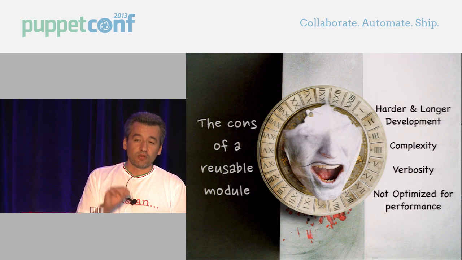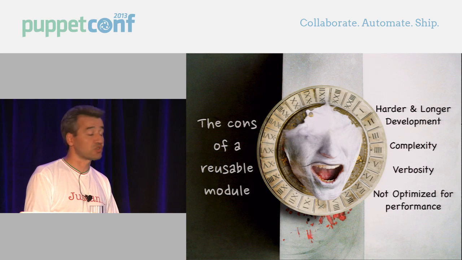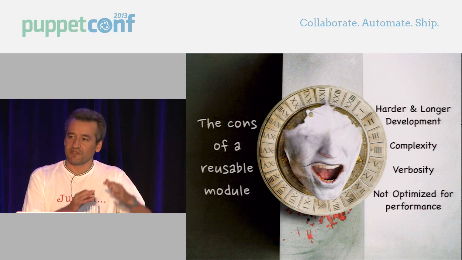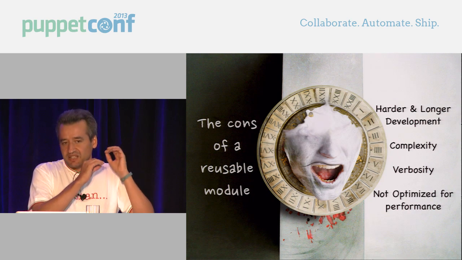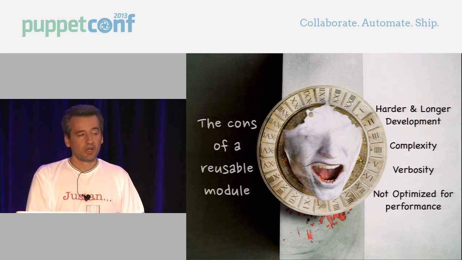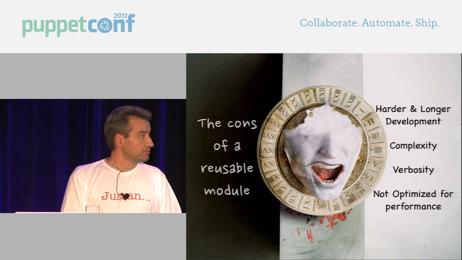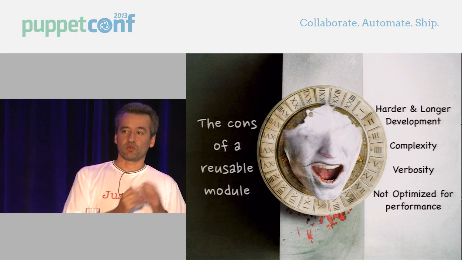And also, if you look for performance and optimization, for sure, a reusable module is not exactly the best solution. So you may decide to have just the resources you want in your custom module, which does exactly what you need, and you don't care about anything else. Of course it works only for you, and you don't have to care about reusability. So the point is, it's not always necessary to have reusable modules.